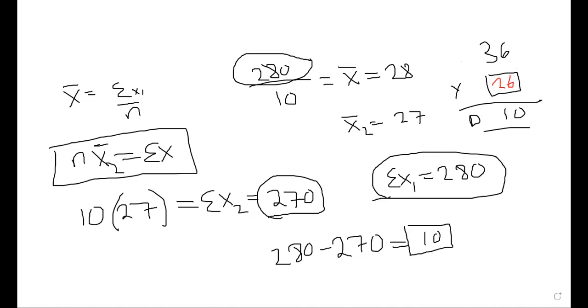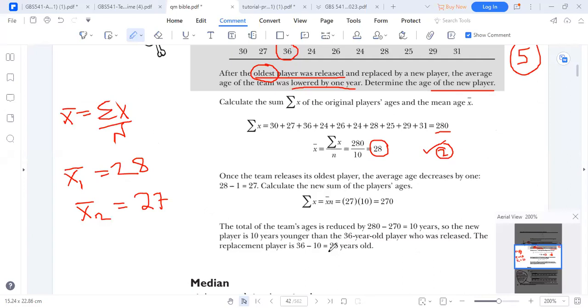All right. That is the implication. Please beware of such questions in exams. We all know that questions come from this. So when you apply 27 times 10, you get 270. Now 270 we subtract from 280. The difference between the replacement and the old guy was 10 years.